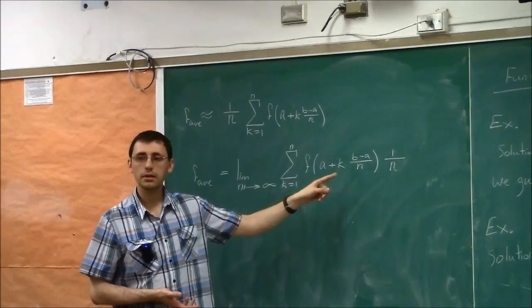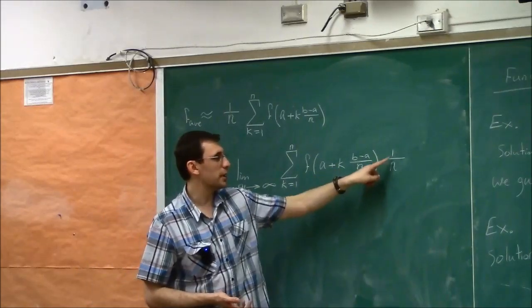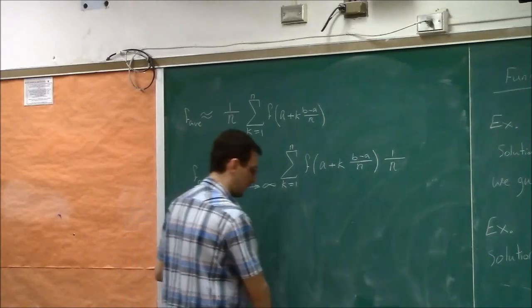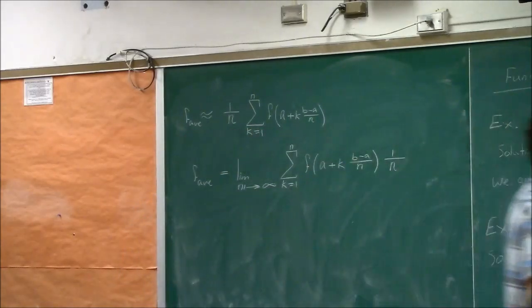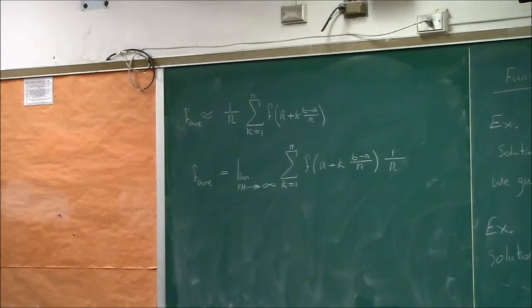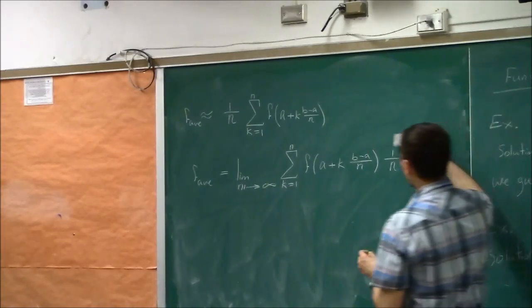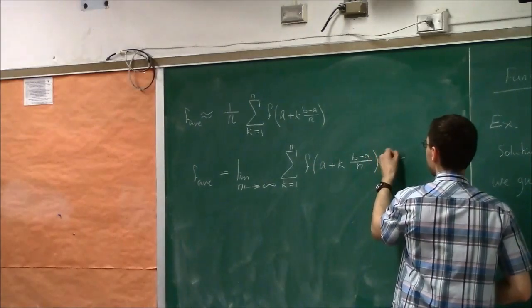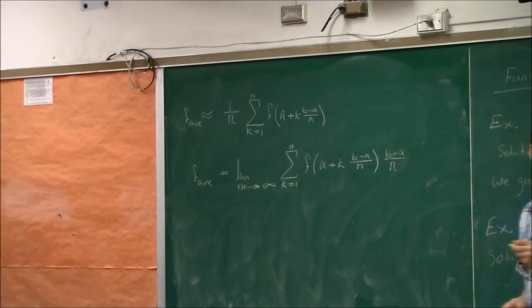You're missing a b minus a. Yes, you see, this is 1 over n, but I want to see b minus a, right? So what I do is I modify, and let me, in yellow, I'll write what I modified here. So I can modify this thing and put here b minus a.